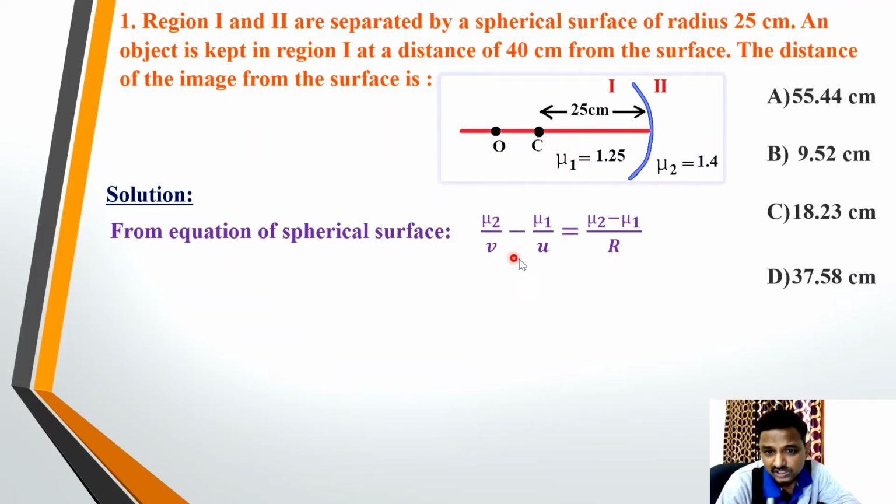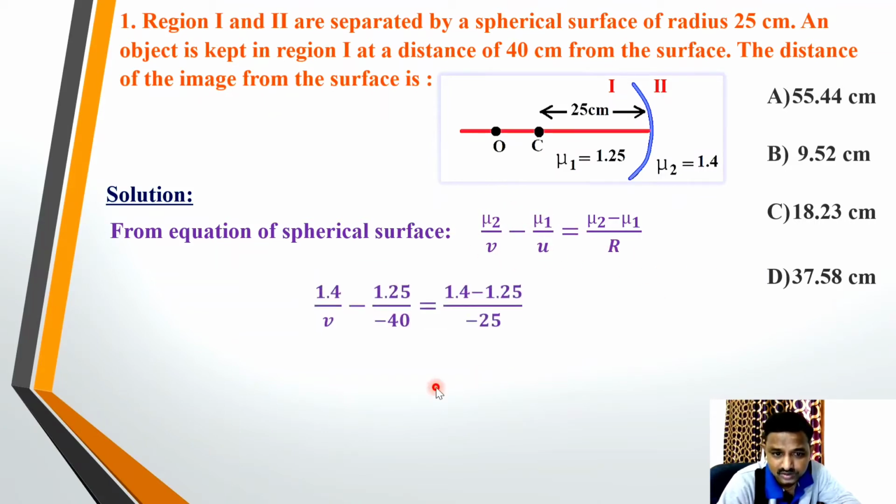If we substitute all information in this equation, then we will get 1.4 by v minus 1.25 by minus 40 is equal to 1.4 minus 1.25 by minus 25. Here in the place of u and r, we applied sign convention. Why?